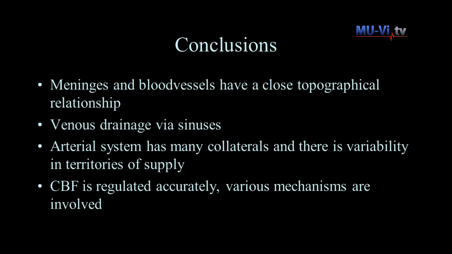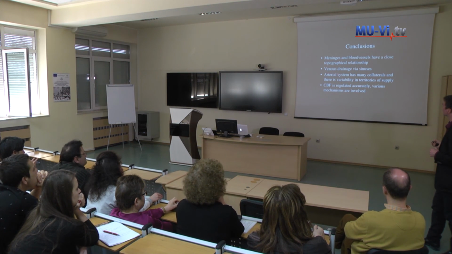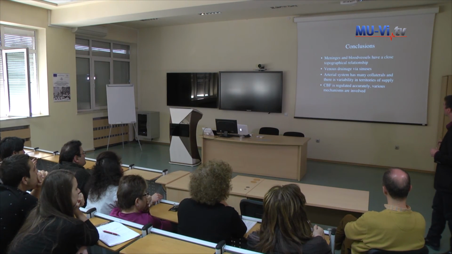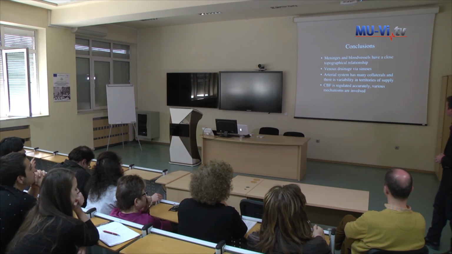The venous drainage goes through sinuses, but I also showed you the IVVP, which is very extensive, surrounding the spinal cord. I think an important message is that the arterial system surrounding the brain has many collaterals, and there is a variability in the territories of supply. I think that is a message which I will give to you.